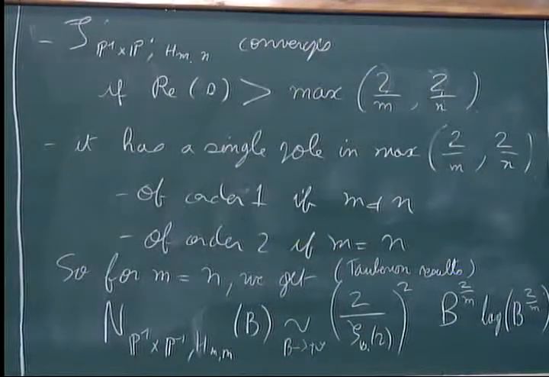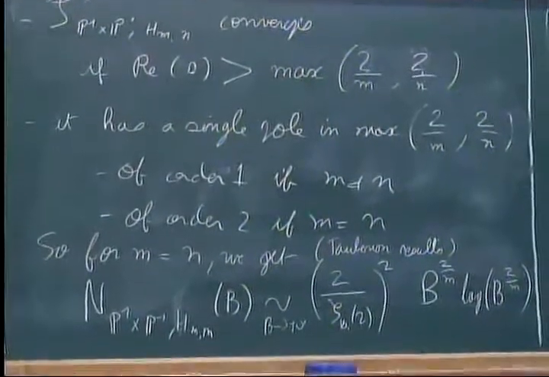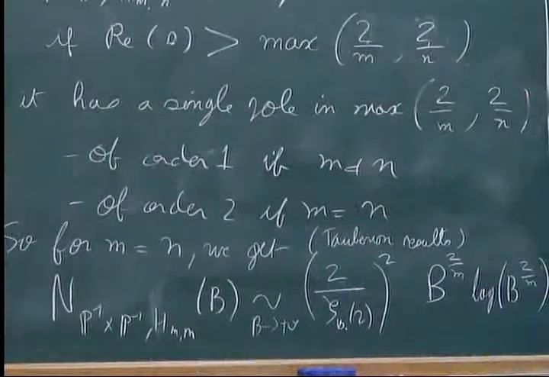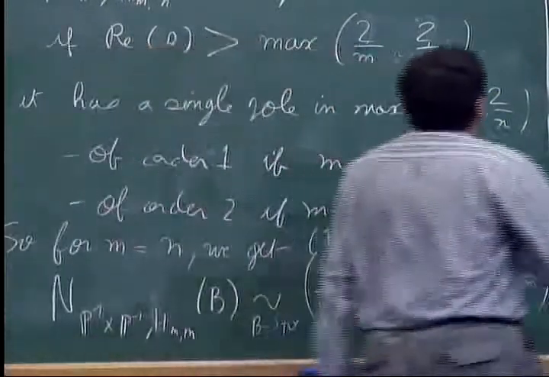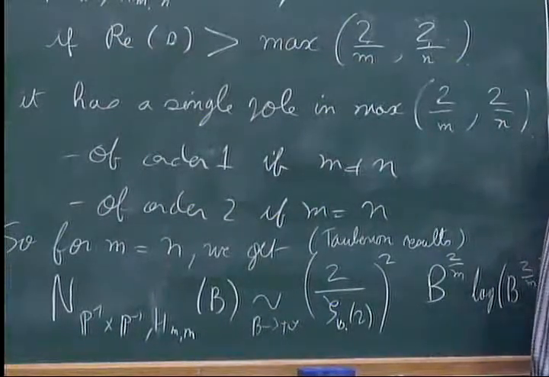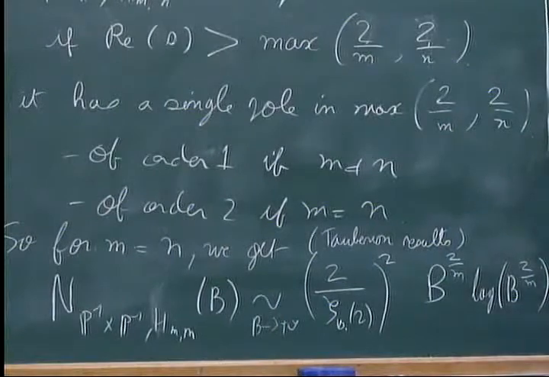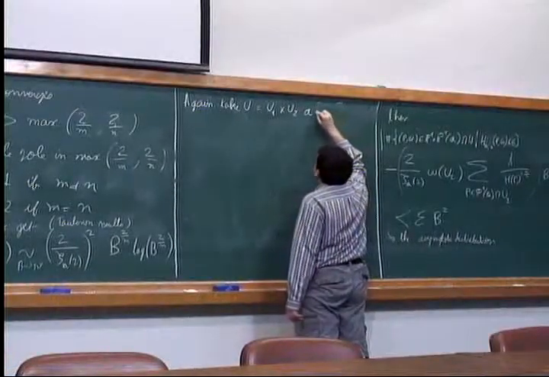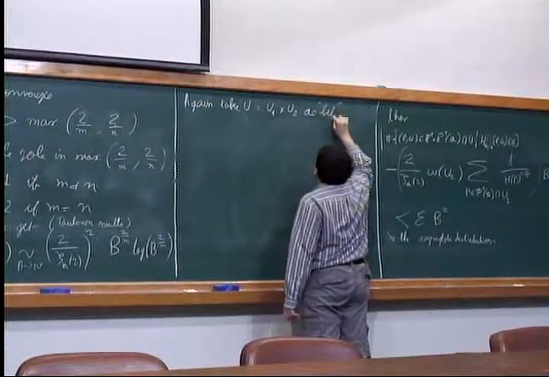Okay, but in fact, I can push this a little bit further. Namely, instead of looking at the zeta function of the whole of P1 cross P1, I can look at the corresponding zeta function, but this time for points in some open subset. So again, I take U to be an open subset in the adelic space as before.